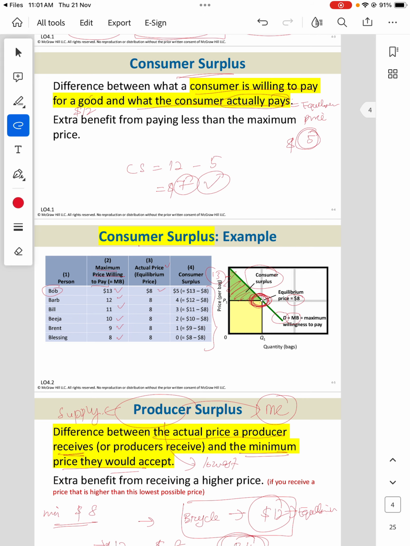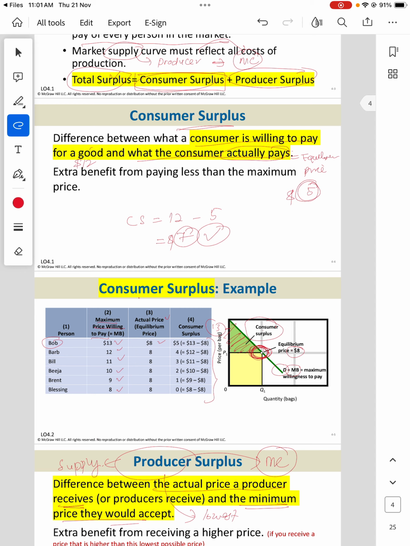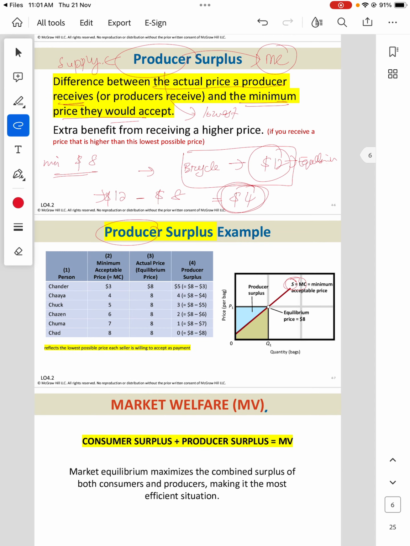Remember, consumer surplus relates to the demand line. When we mention producer surplus, we relate it to the supply line here. Here, Chandra is willing to accept the price at 3.